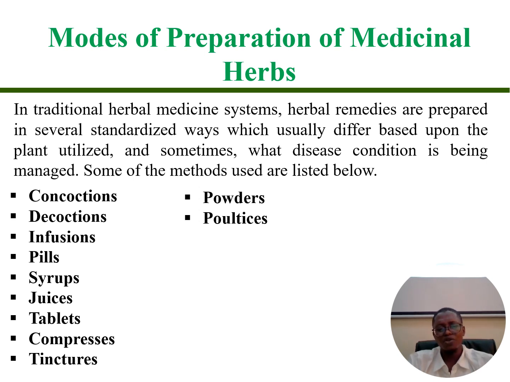And also tincture is when you use ethanol or alcohol, 60% alcohol, to prepare your herbs. But the way you administer this is different from the way they do at the local market, where you just go to the herbal seller and tell them, give me okpaenyi, and they will just give you half a cup, but that's not the way it should be administered.